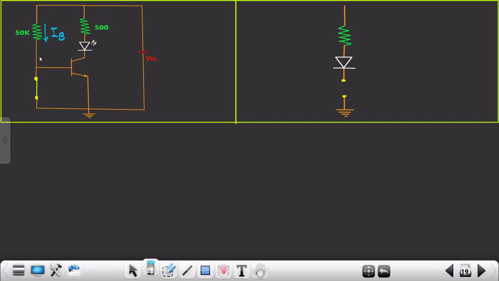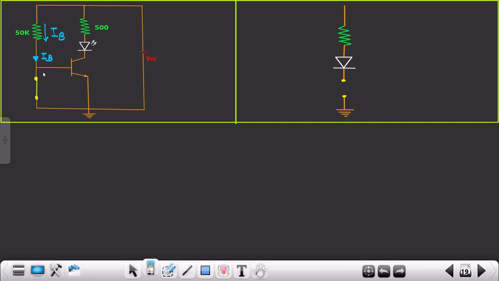As soon as IB reaches this point, it sees that this part is providing negligible resistance, and this part is providing little high resistance as compared to this one. And as I told you, current always follows that part which has almost zero resistance, or which has less resistance.